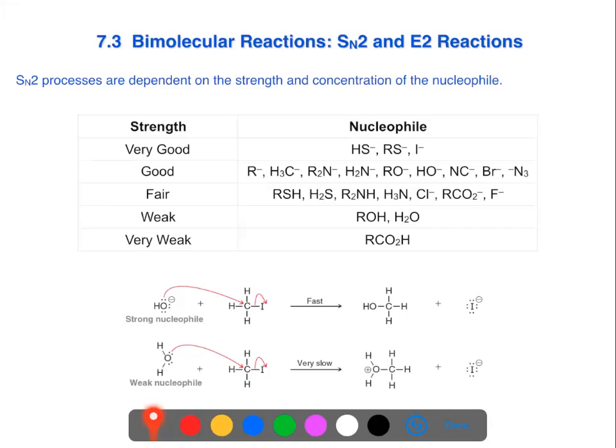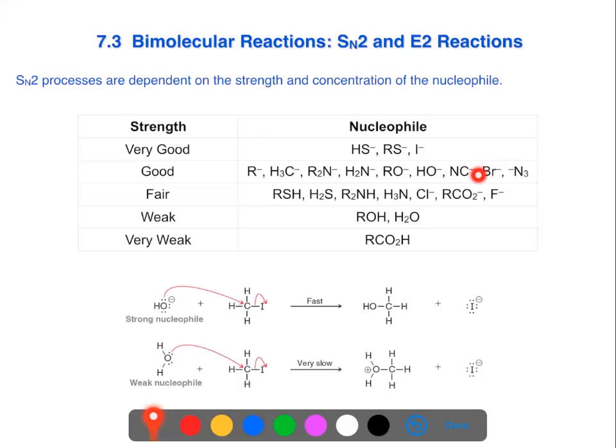And so as you may recall from earlier videos, the polarizability and size of the hydrosulfide ion, the alkyl sulfide ion, and the iodide make these species very good nucleophiles. In addition, second row elements with formal charges of -1 are also quite good as nucleophiles.